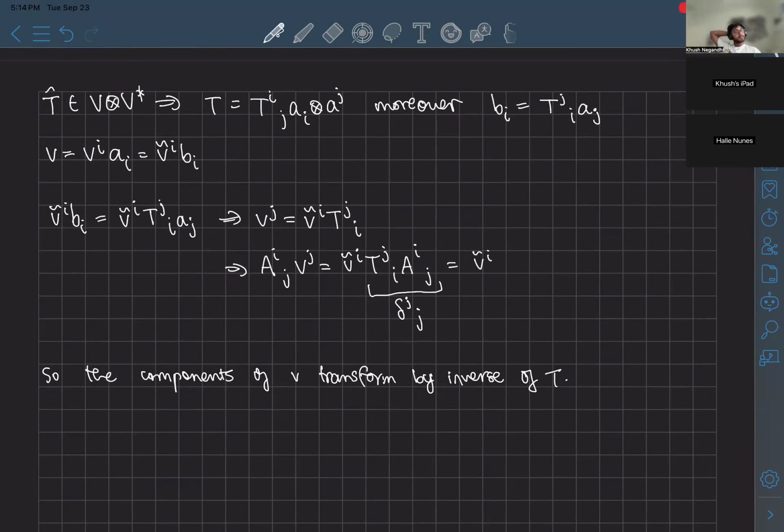So that's interesting. We have a dual relationship between vectors and their components. If a vector transforms in one direction, the components transform in the other direction. That makes sense because you want the component transformation, along with the vector transformation, to cancel out, and the only way they can cancel out is if they're inverses of each other.